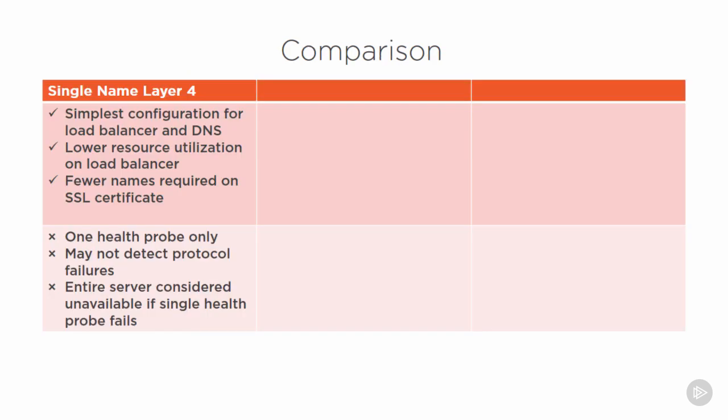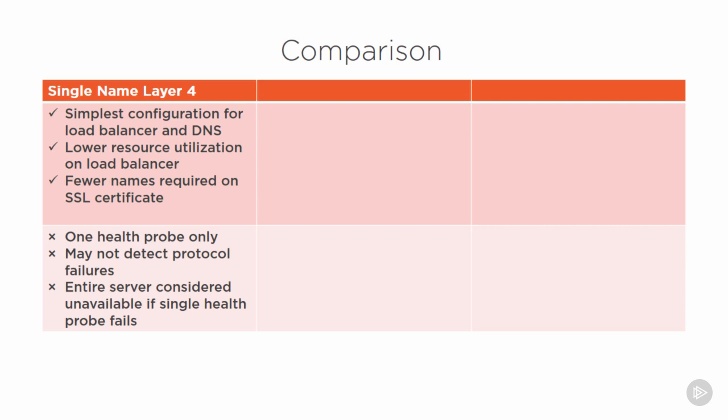Here's a comparison of those three methods to help you if you're trying to make up your mind which one to go for. If you're doing a single name layer 4 configuration, that is the simplest configuration as far as the load balancer and DNS are concerned. It also generally means lower resource utilization on the load balancer itself, so you might be able to purchase a lower spec load balancer in that case and save a little bit of money.